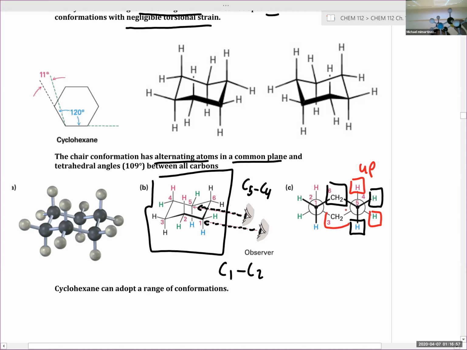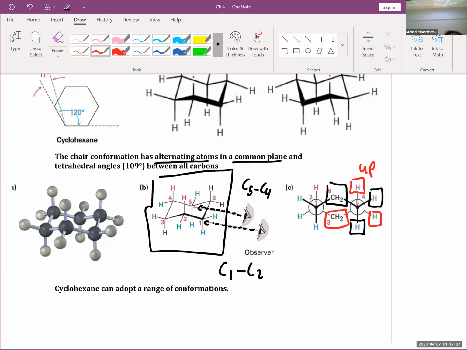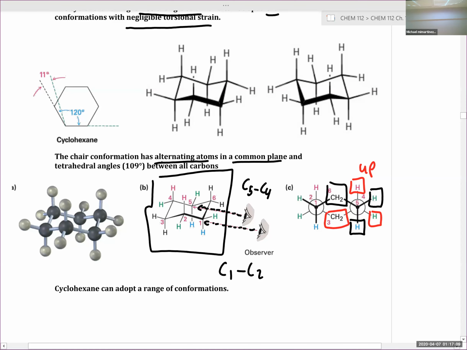That's exactly right. Okay, perfect. So we have the tools needed to go from a model kit to a Newman projection for cyclic systems. And I really encourage you to play with the model kit and just turn it around, manipulate it, so that you can start to develop this 3D manipulation in your head and just using paper.